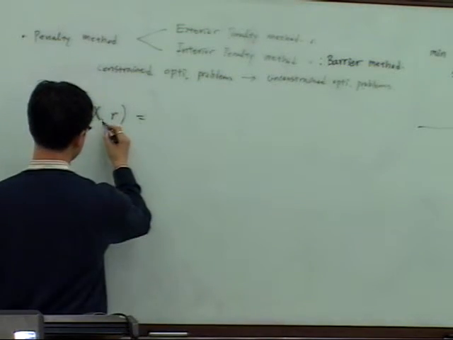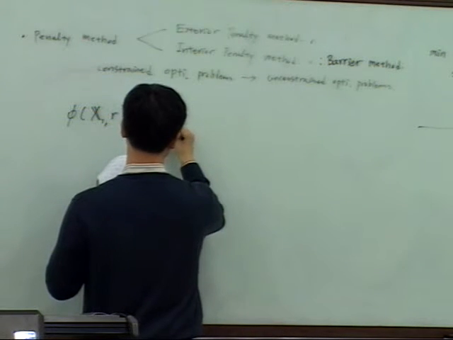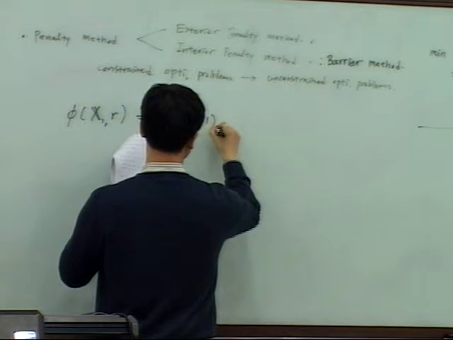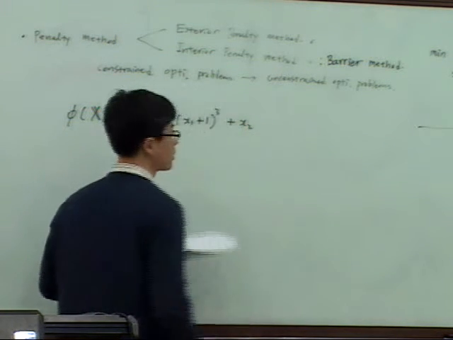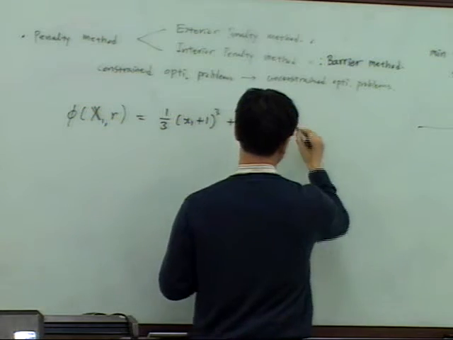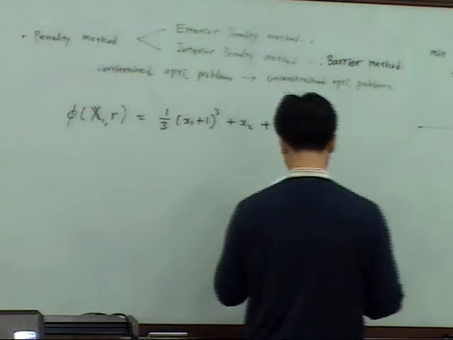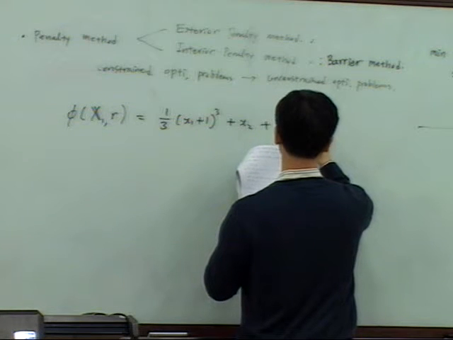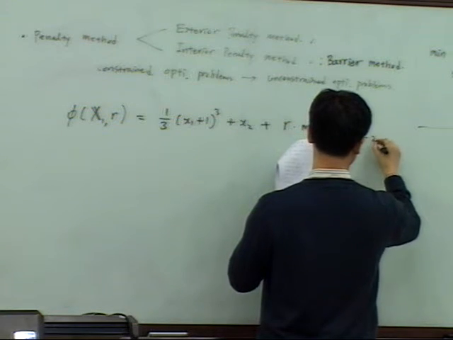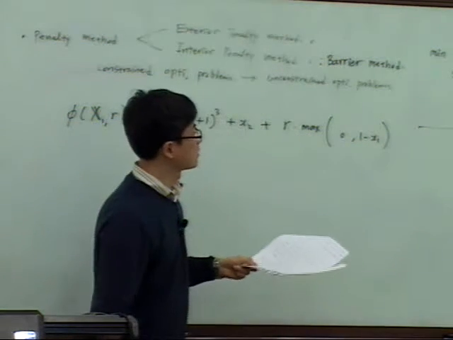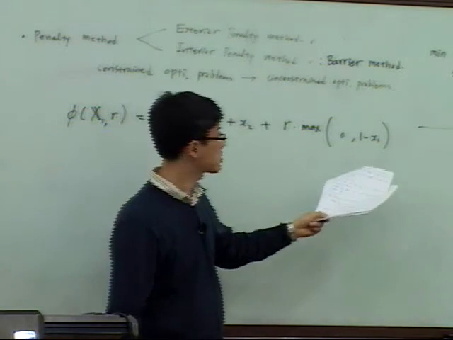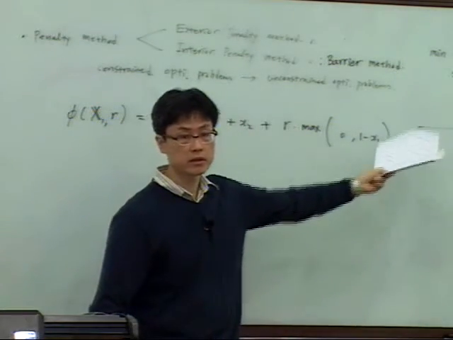So let's make it x sub 1, which is x1 f(x) plus the penalty function times penalty parameter times the greater value among 0 and 1 minus x1, which is the first inequality constraint.